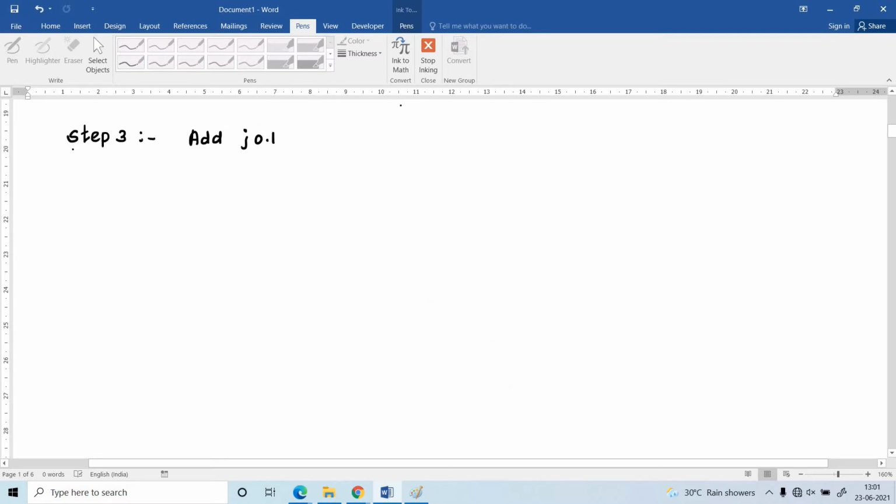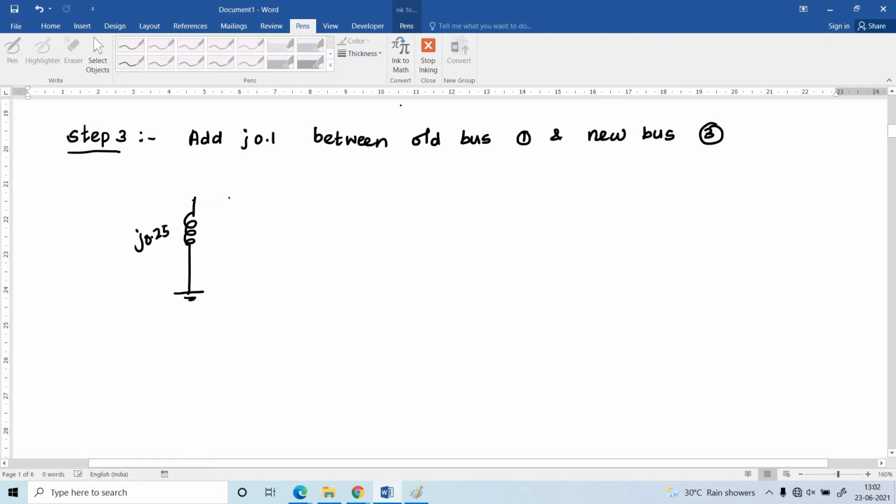Next, I am going to explain step number 3. Add J0.1 between old bus 1 and new bus 3. I am going to redraw the diagram again. Okay, this is already finished: J0.25, and bus number 1 connected to bus number 2 was done in the previous step.